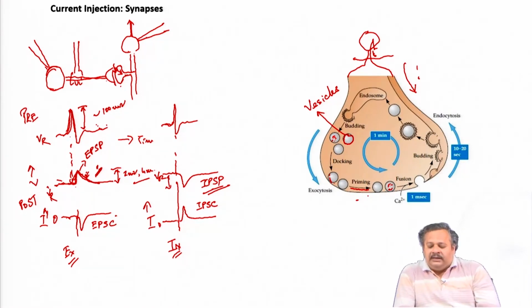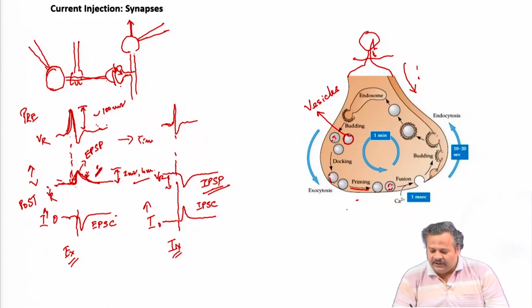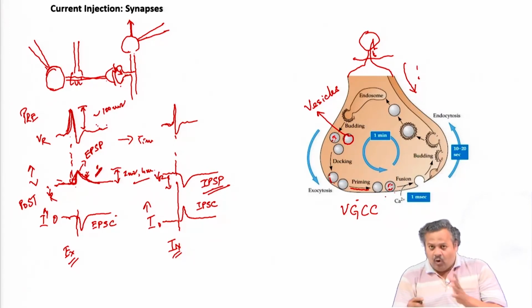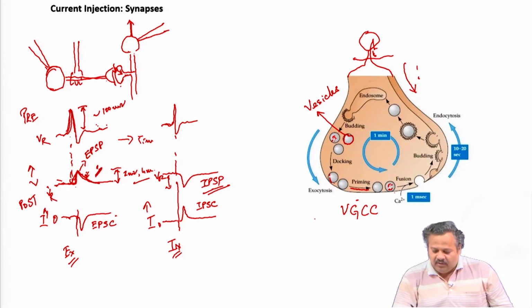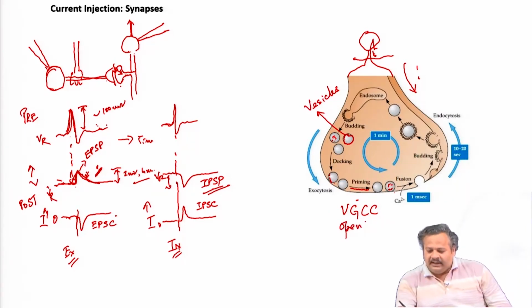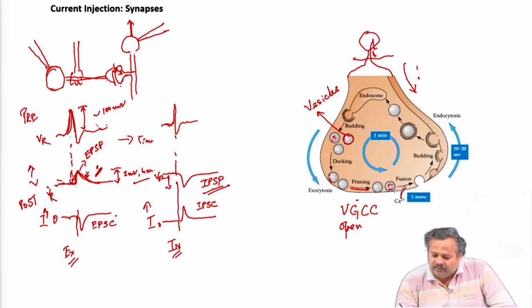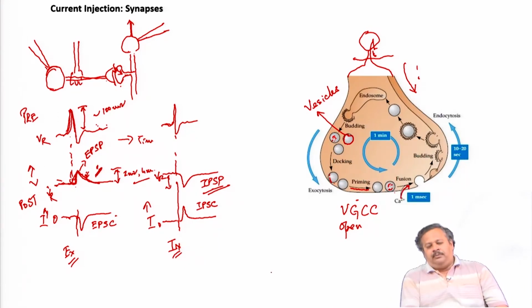That voltage change, that depolarization due to the action potential, causes voltage gated calcium channels that are present on the presynaptic side to open. VGCCs open due to the action potential, and that causes calcium to come into the presynaptic terminal.